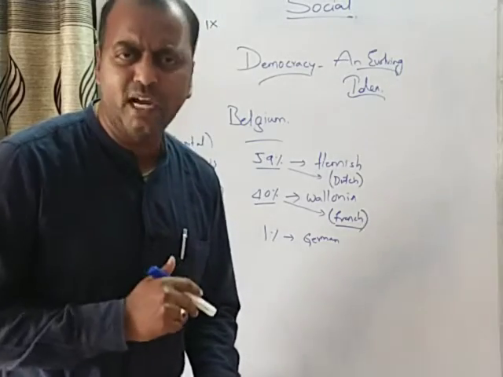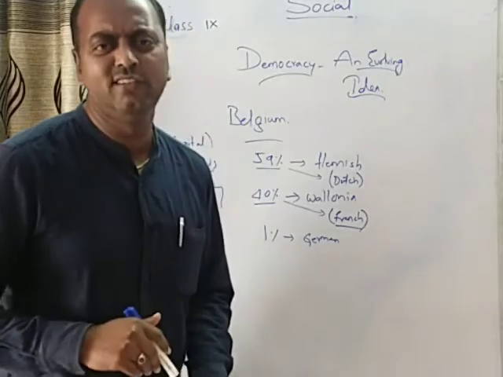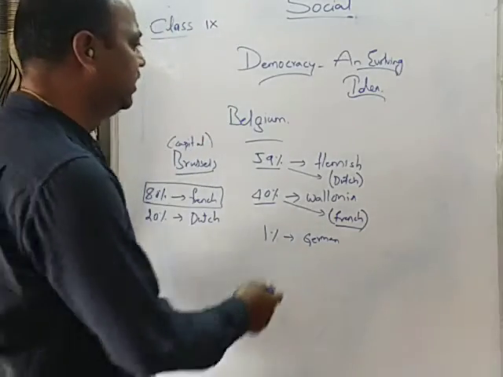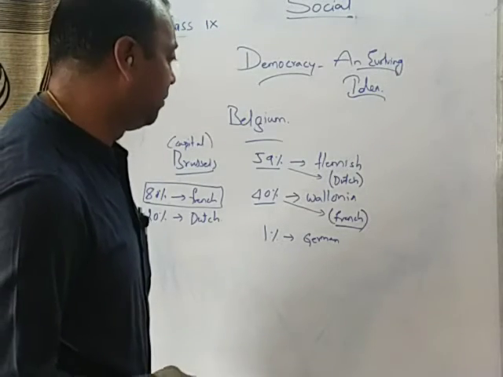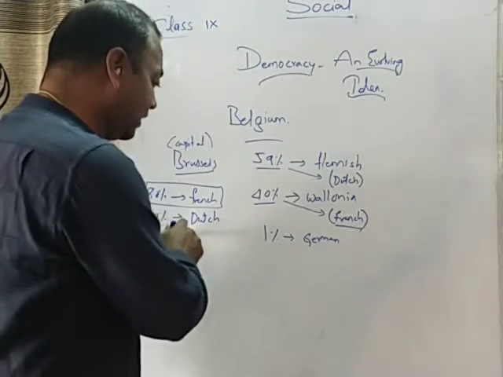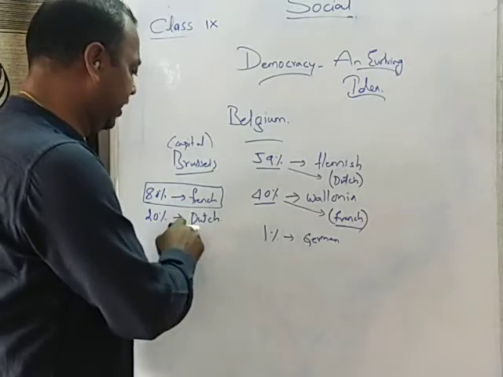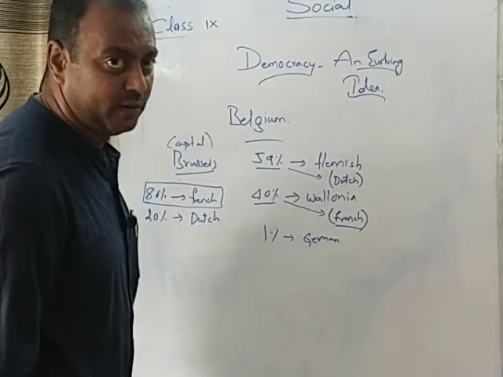So should the majority community's view prevail in these two countries? Who are the majority? In Belgium, the Dutch speaking people are in majority, whereas the French are the minority. But in the capital city, the French are in majority and the Dutch speakers are the minority.